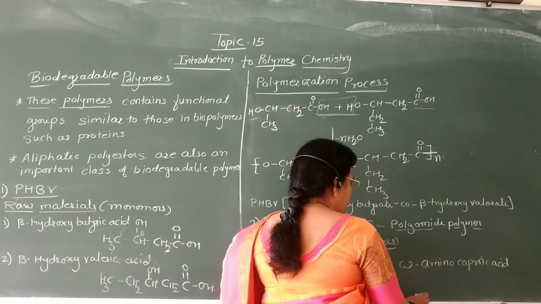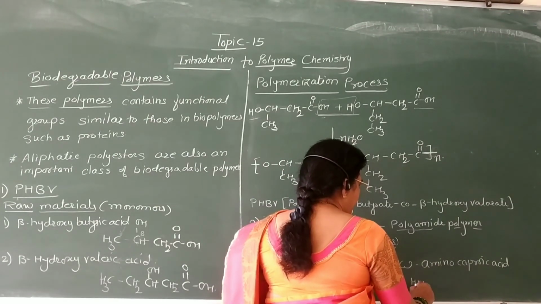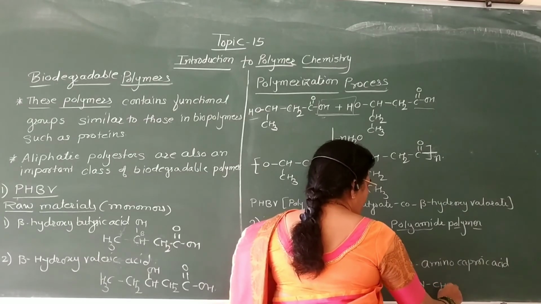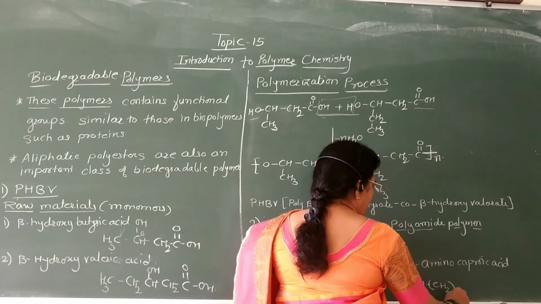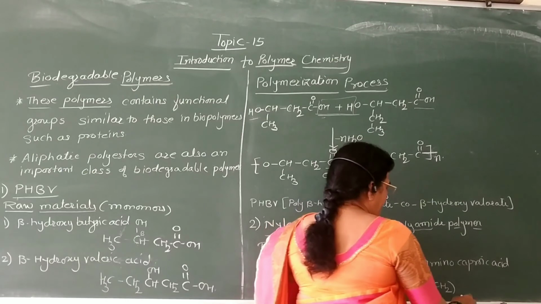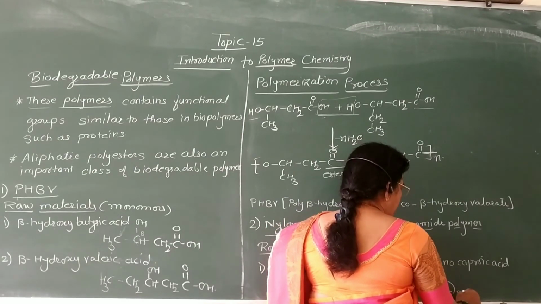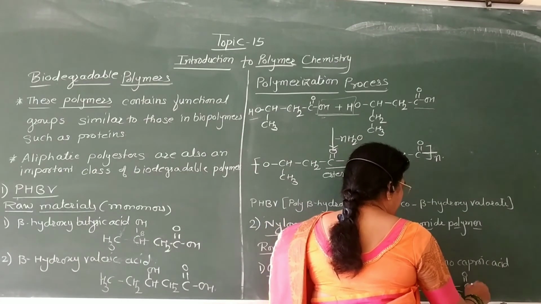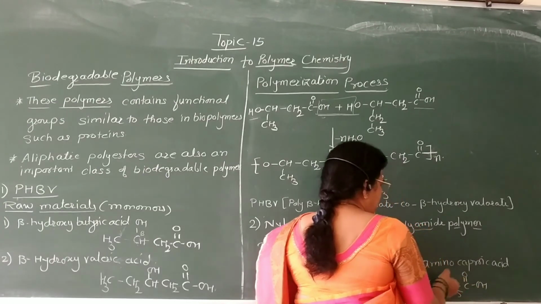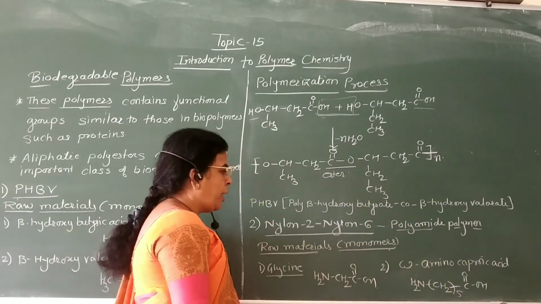The structure is NH2, CH2 5 times, COOH. This is the second monomer, that is, omega aminocaproic acid.